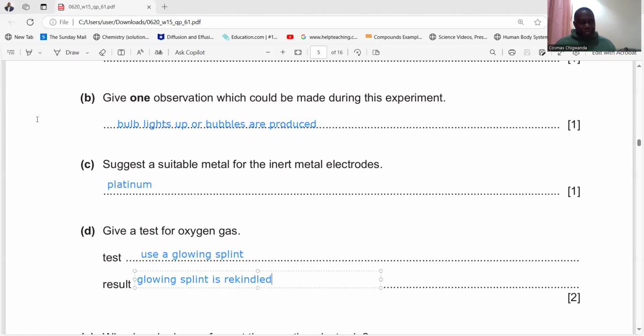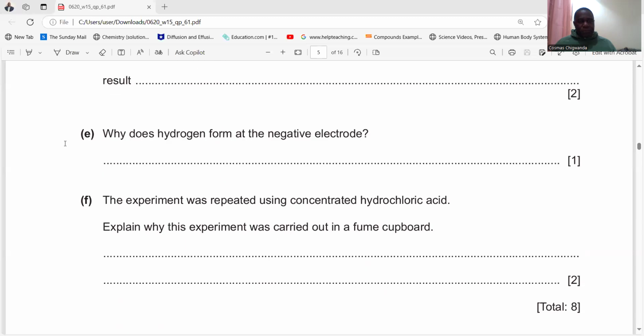So let's move on to the next section of the paper. Why does hydrogen form at the negative electrode? The basis of this is the fact that hydrogen comes from hydrogen ions. And remember, hydrogen ions are positively charged. So hydrogen ions are positively charged and the negative electrode is negative, and unlike charges attract.